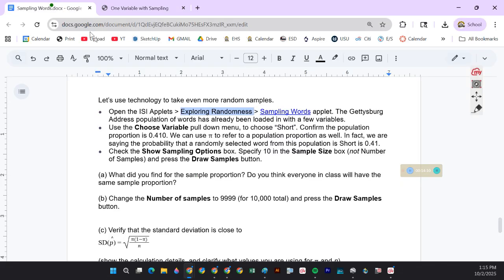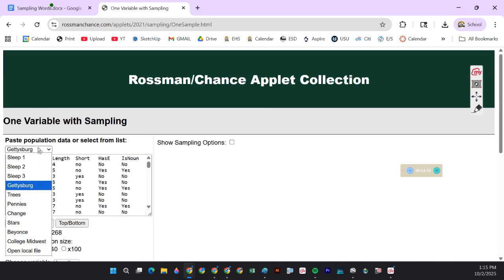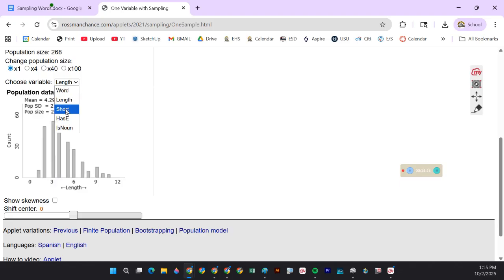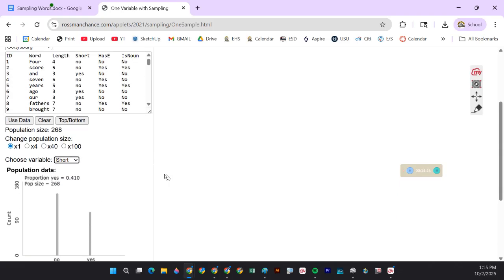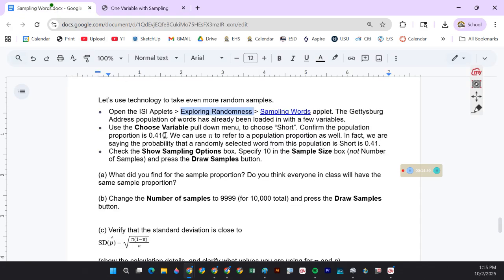All right. Okay, so, and it's not short. Choose variable, short. Okay. And then it says, confirm the population proportion is 0.41.